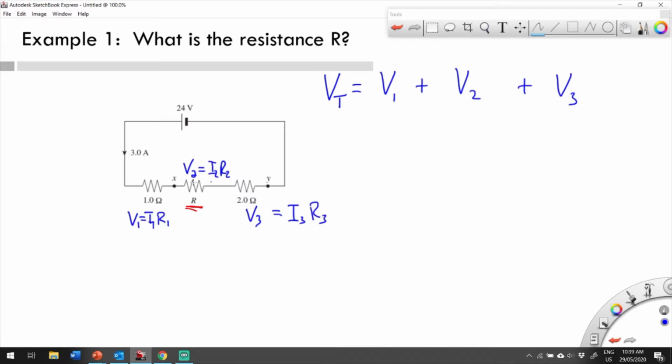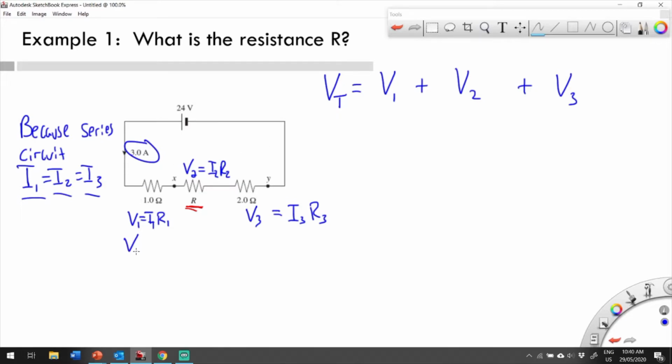Now, being a series circuit, we can show that the current is all the same. That should make sense because there's only one path for the electrons to travel, only one path for the circuit to flow, so the current must be the same in all of them, and that current will be this.